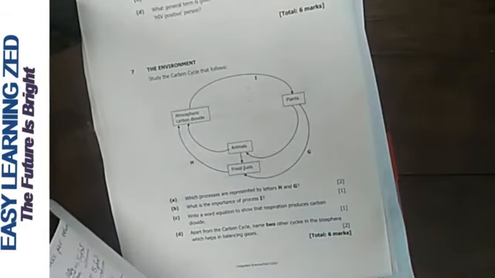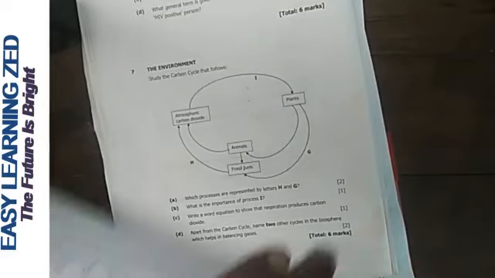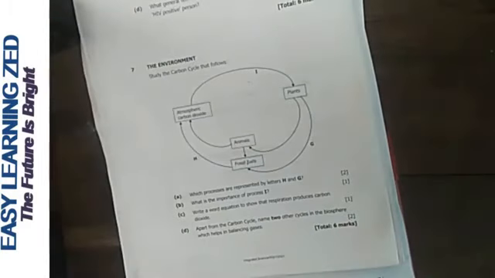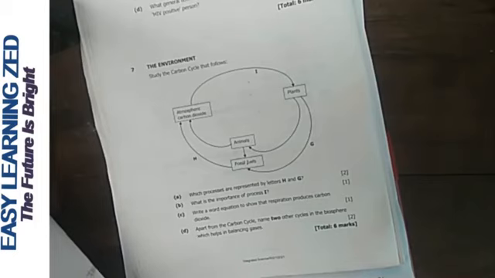Okay, then G: the plant has died, so G is decomposing, or decaying. That is what has happened to the plant, it has died and it has decomposed into coal.